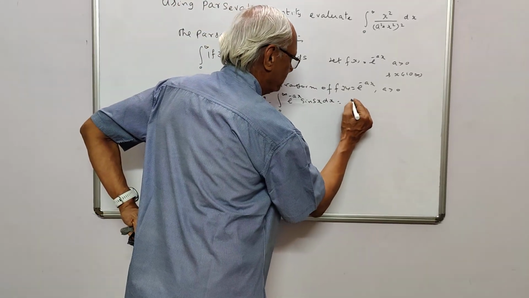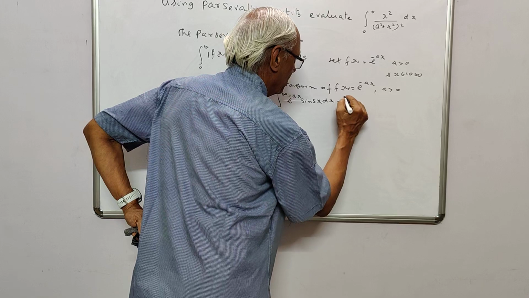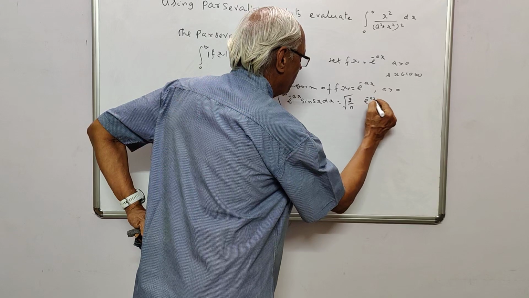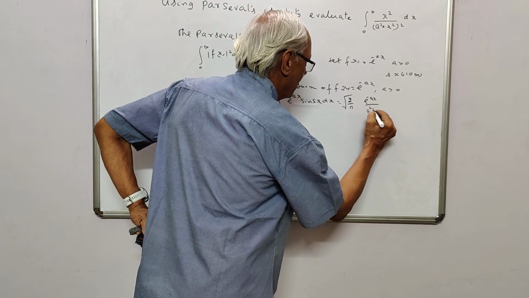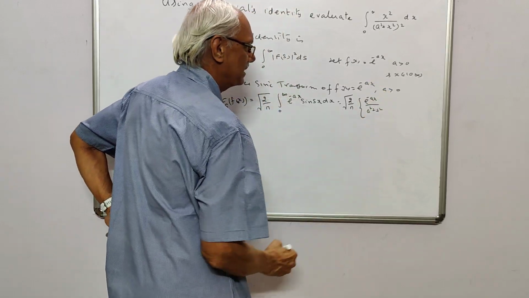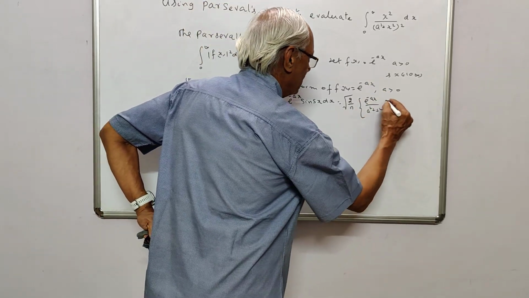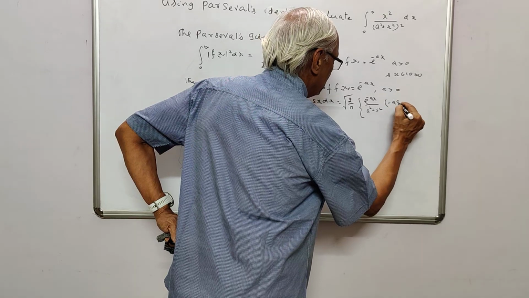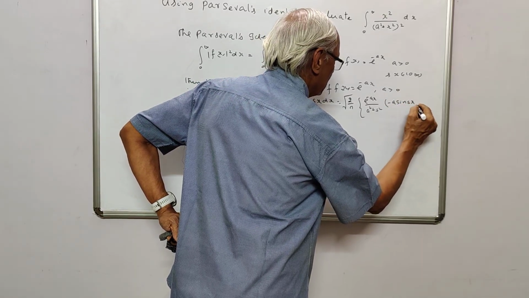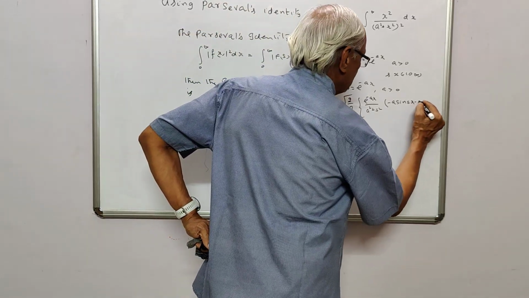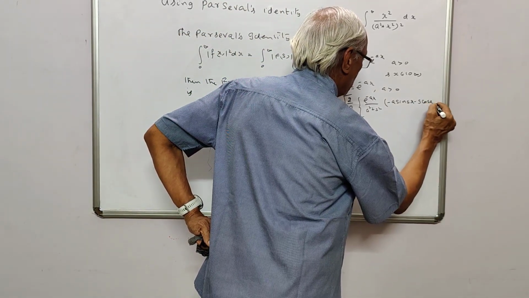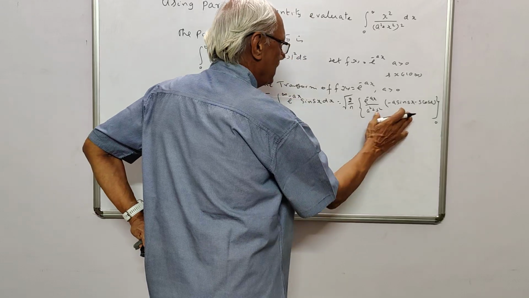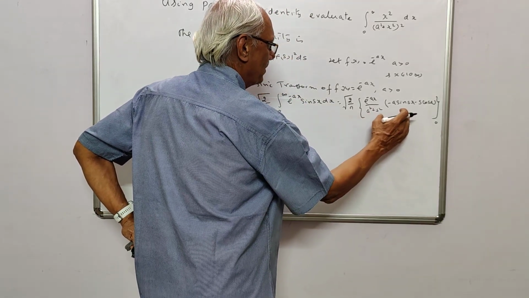It is 2 by pi into, you see that the integral value of this is e to the power of minus ax divided by a squared plus s squared, into, within brackets, minus a into sine sx minus s cos sx. This is the value of this integral.